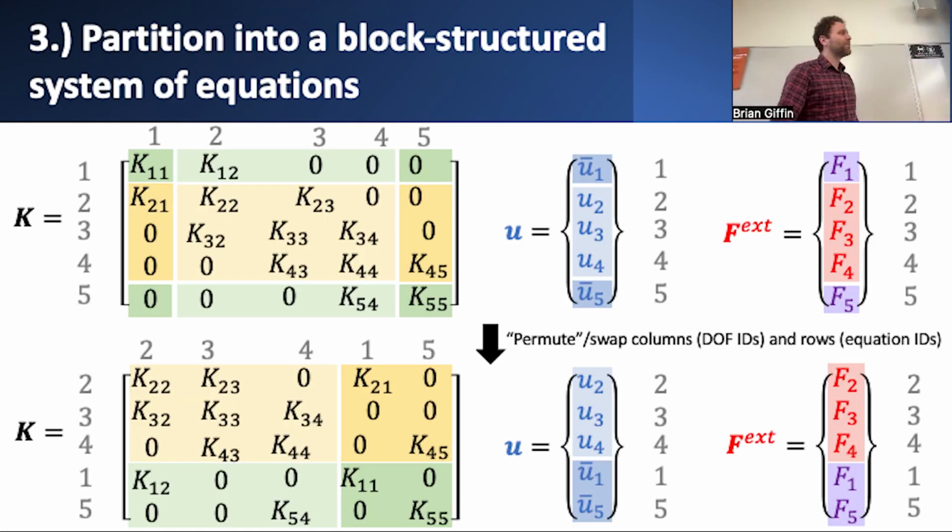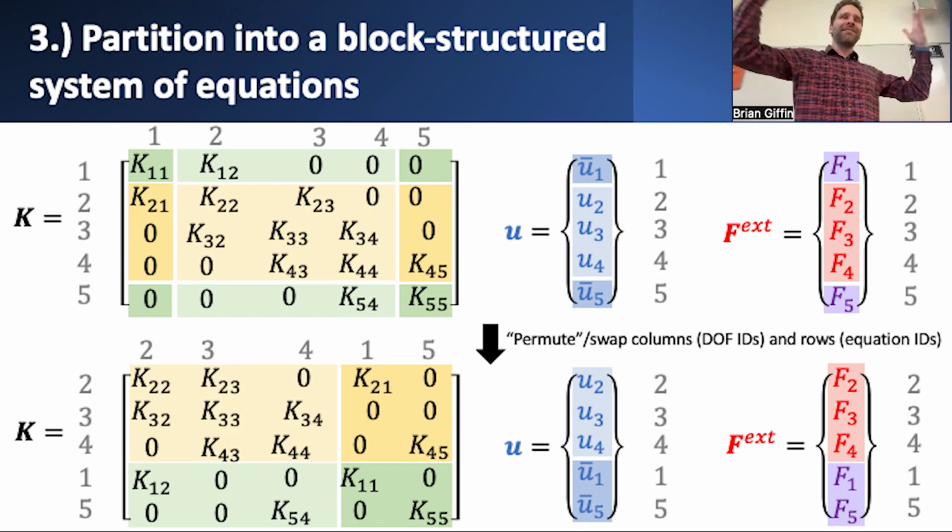To give you a more tangible view of what that looks like, suppose I had my original system of equations consisting of the stiffness matrix, the vector of nodal displacements, and the vector of forces. Now, I know nodes 1 and 5 are constrained, and I know that the forces applied at nodes 1 and 5 are effectively unknown reaction forces.